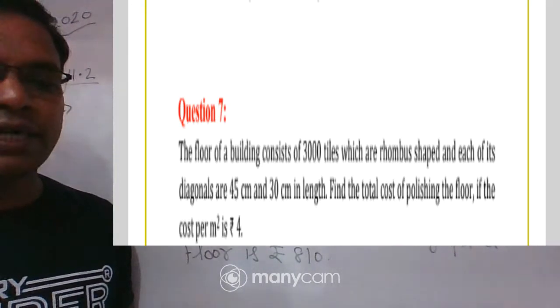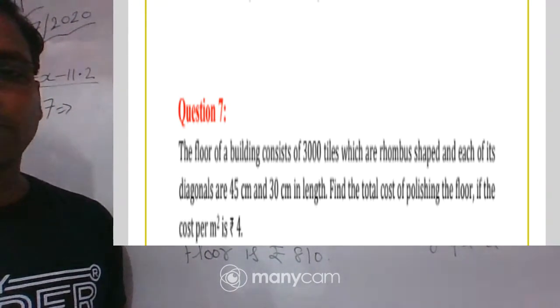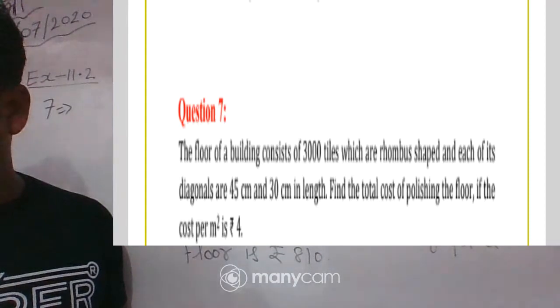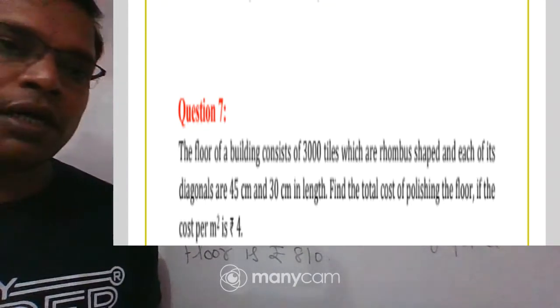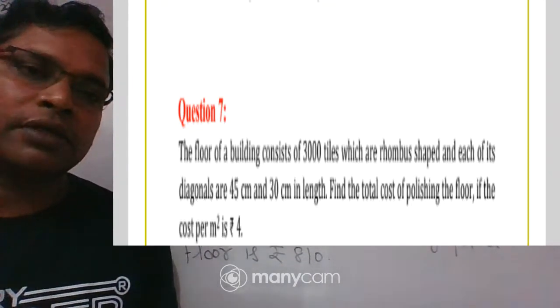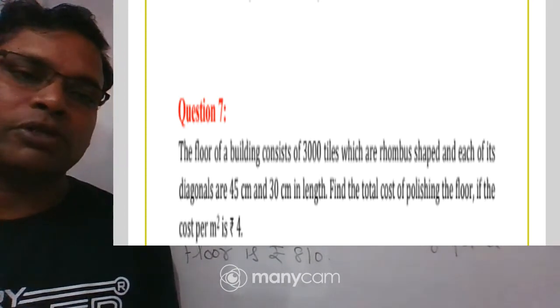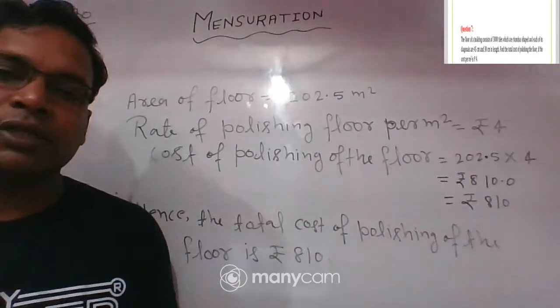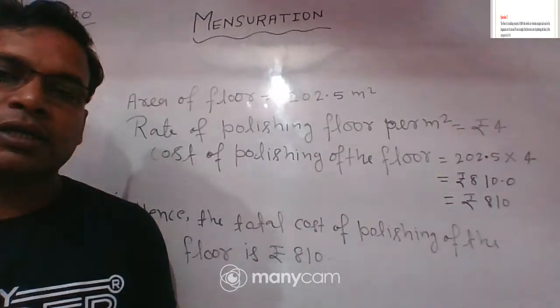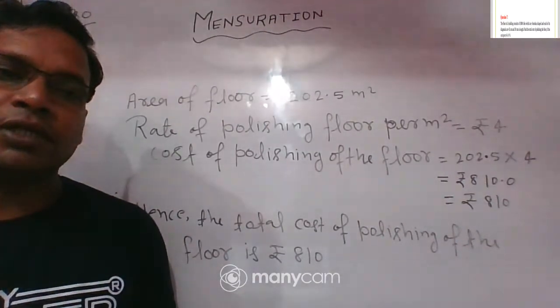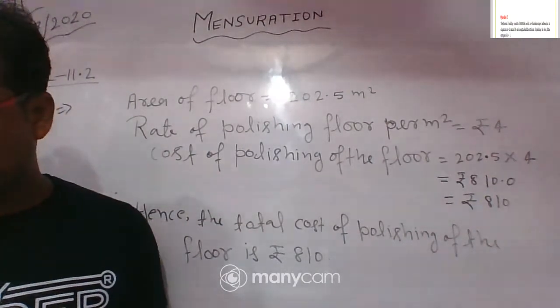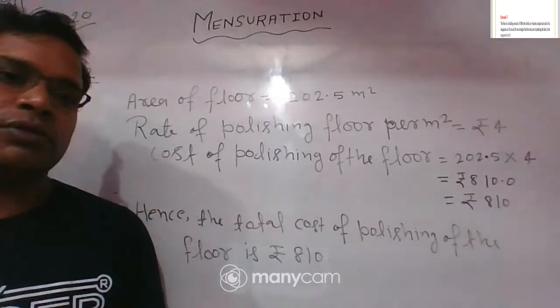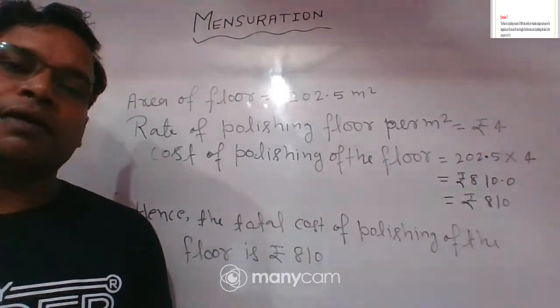So first we find the area of one tile, which is 675 centimeters square. Now we have 3000 tiles, so we find the area of 3000 tiles. This is equal to 202.50 meter square. This is the area of the floor.